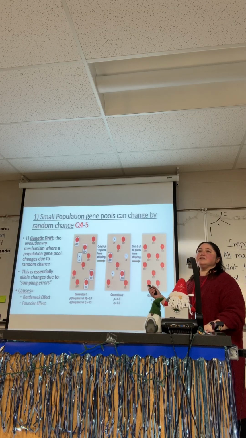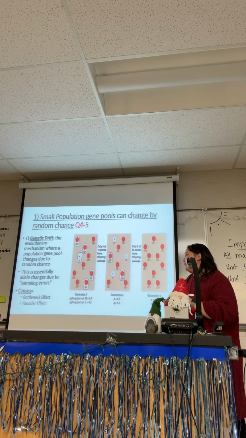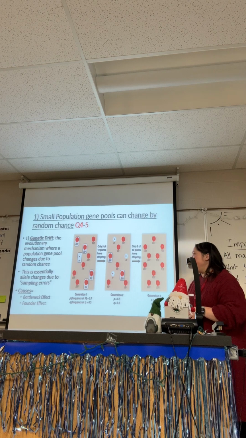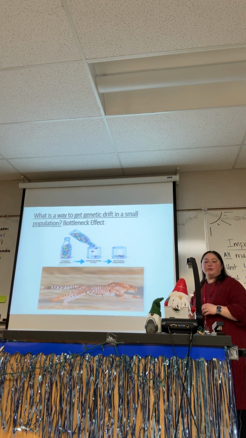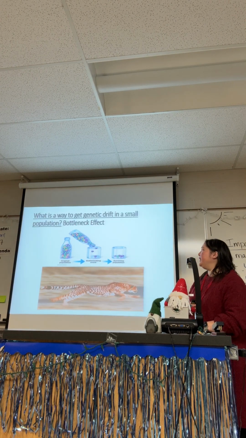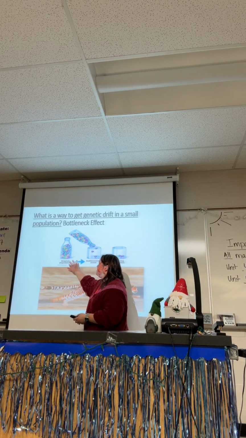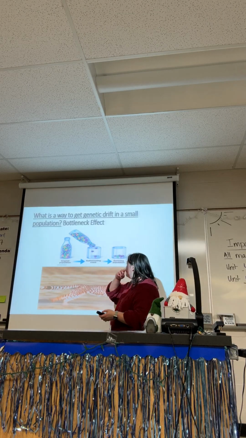This usually gets caused either by a bottleneck effect or by the founder effect. I know we've talked a little bit about both of these in the past, so we'll go over them again. With the bottleneck effect, say this bottle right here is a representation of all the different types of one population.